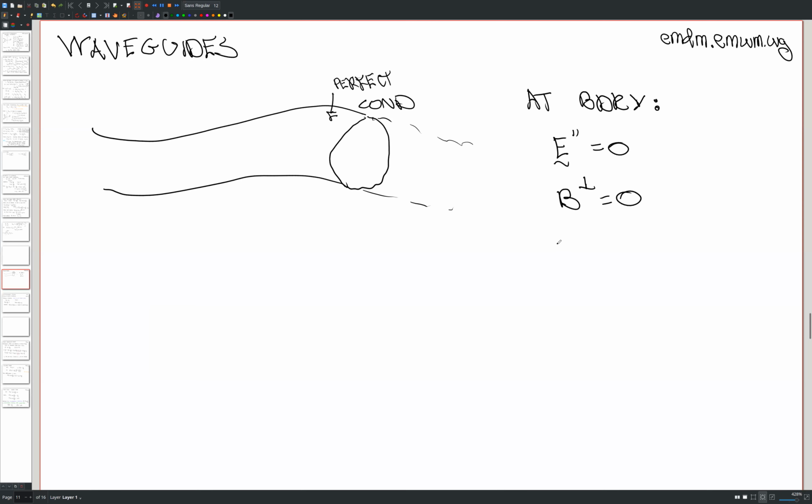So these are the boundary conditions that we're going to use. What will happen is that free currents will circulate on this surface.